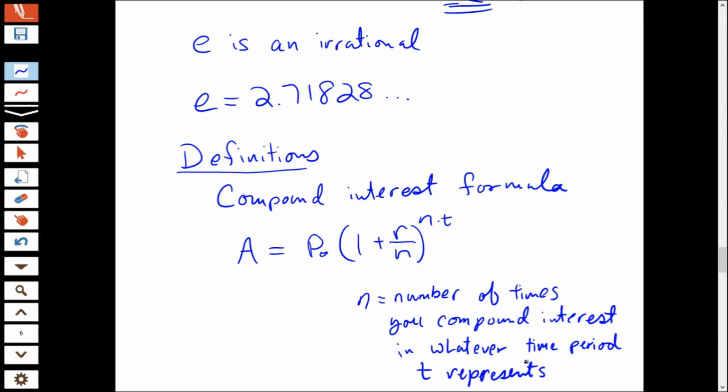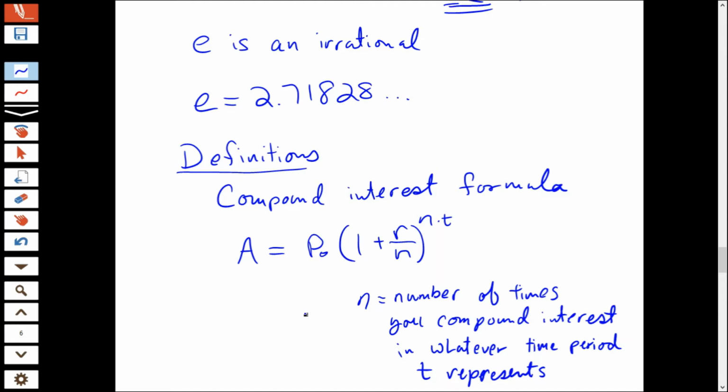So for example, if t is in years, then that means your interest rate r is per year, and n would be how many times per year you would compound interest. Well, the interesting thing happens that as n gets bigger and bigger, it kind of levels off, right? If you compound interest just once a year, the amount after a certain time period is going to be equal to something.